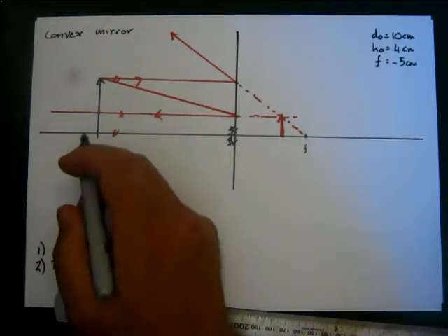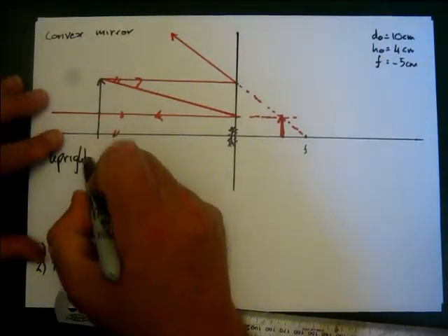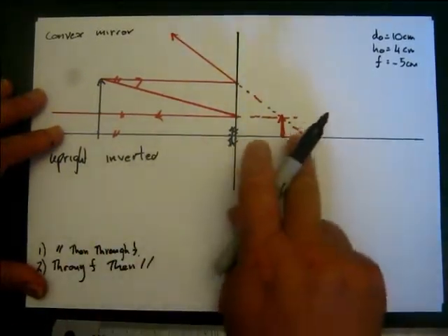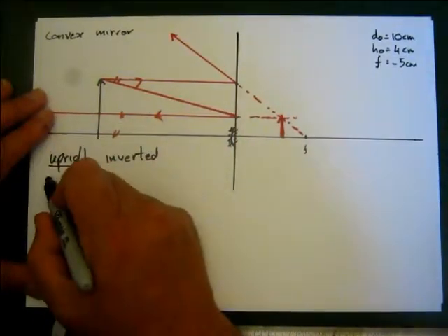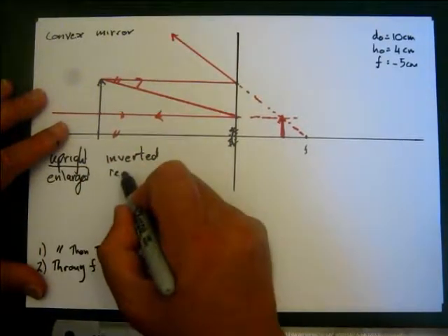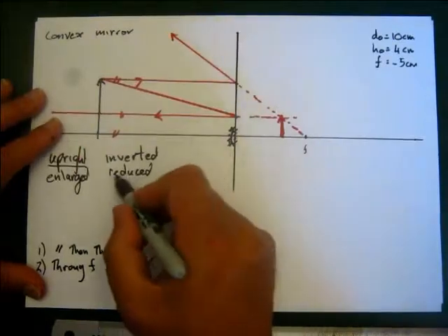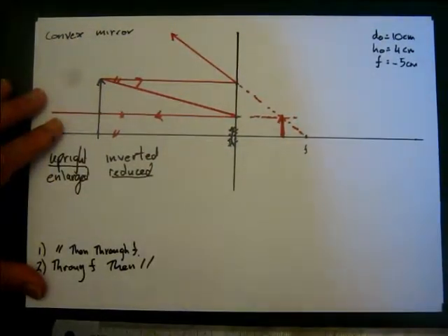So ask the same three questions we did before. Upright or inverted? Looking at this, the image is upright. Enlarged or reduced? We can see that that's smaller than that, so it's reduced. And in fact, for a convex mirror, it will always be smaller.